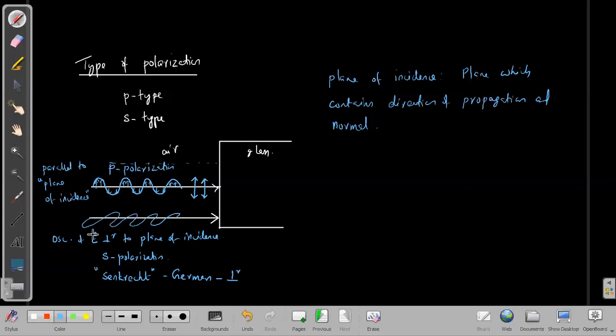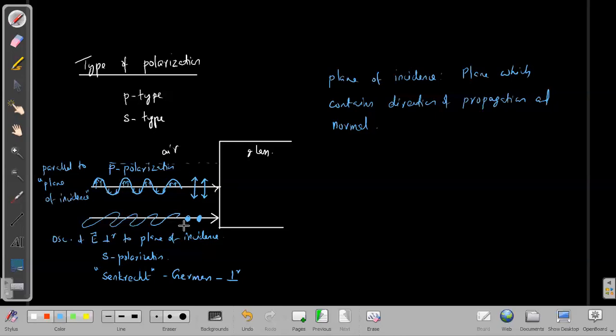So that is why this type of wave is called S polarization, and graphically it is denoted by a thick dot. So the P polarization is denoted by a double-sided arrow, and S polarization by a thick dot.